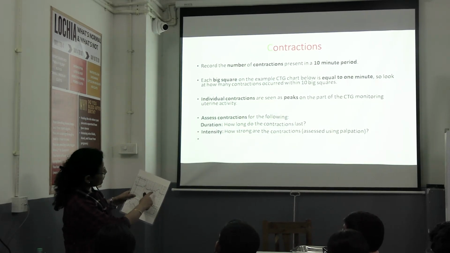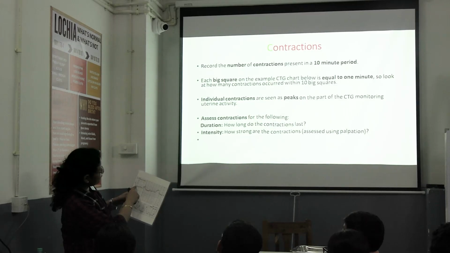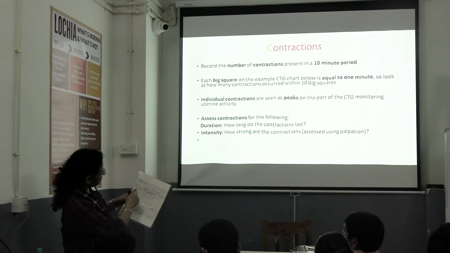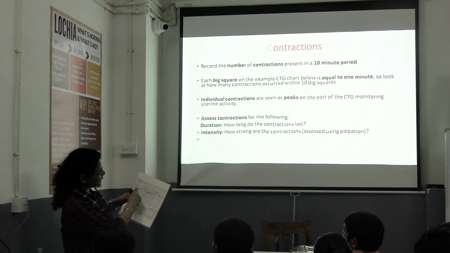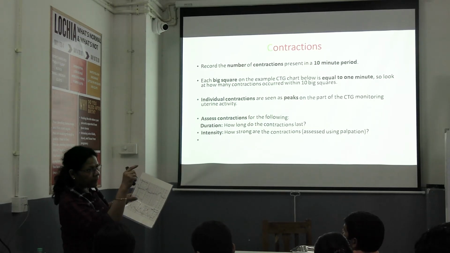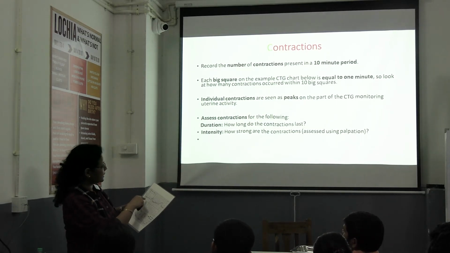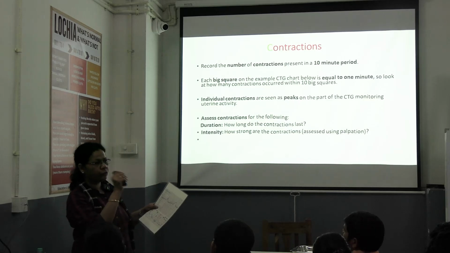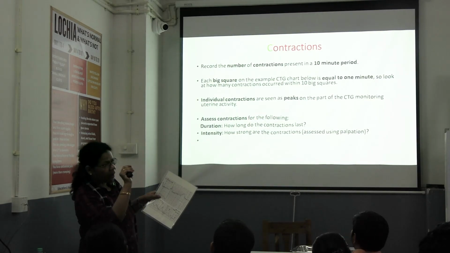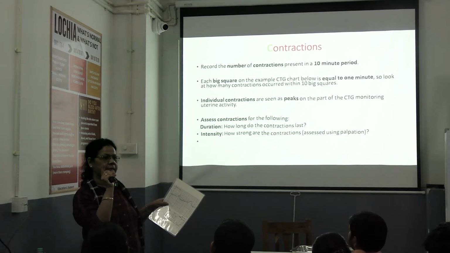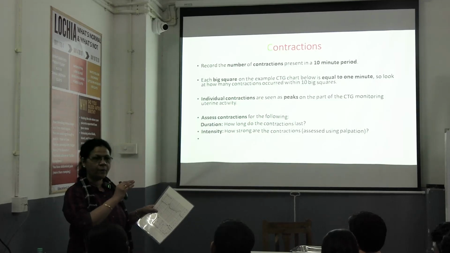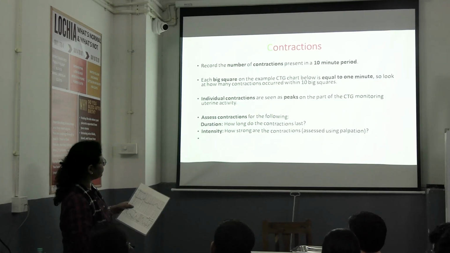And the baseline heart rate, you take an average mean of this. Say it is around 130 to 140. This is the baseline heart rate. And baseline variability is 5 to 25. These small undulations that you see, this is the baseline variability, which ranges from 5 to 25 beats per minute.